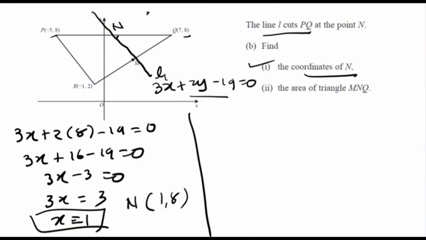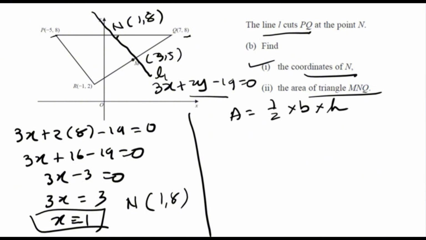Now, to find the area of triangle MNQ, we know the coordinate of N, which is 1, 8. Coordinate of the M that we already find before, which is 3, 5. And the coordinate of Q is 7, 8. We know the area of triangle is equal to half times base times height.